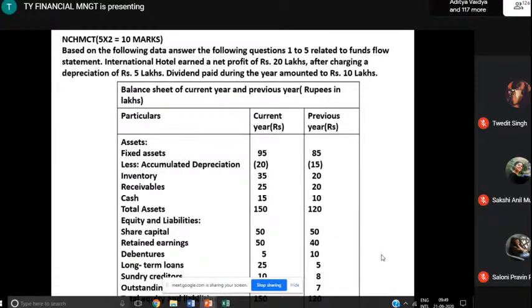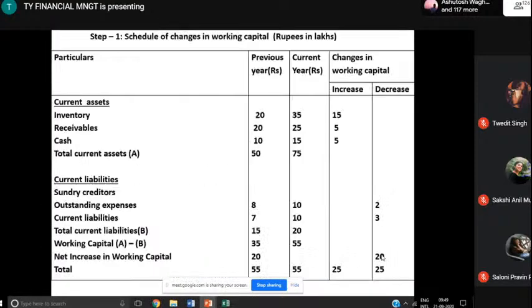Done. Okay, now get back to the question, get back to the solution now. We will see each and every item. Don't worry. Step 1. Schedule of changes in working capital. While copying, don't simply copy it. You have to be very, very careful.